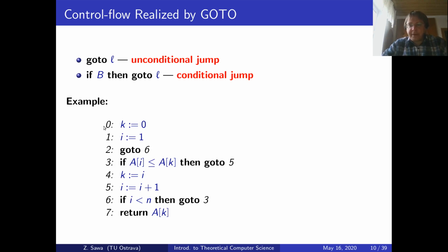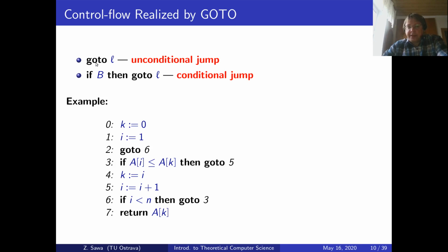In the standard way, these instructions are performed in the specified order. So if we start on address 0, this instruction is performed, then this instruction, then the next instruction, and so on. For operations like assignment and other similar operations, we just continue with the next instruction on the next address.